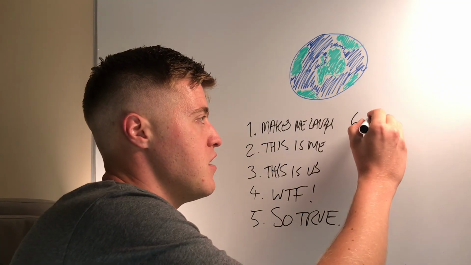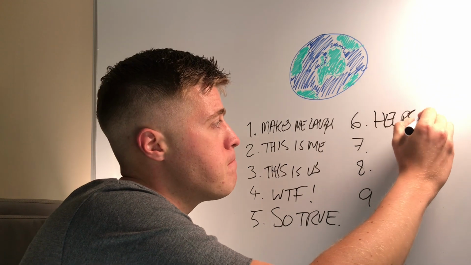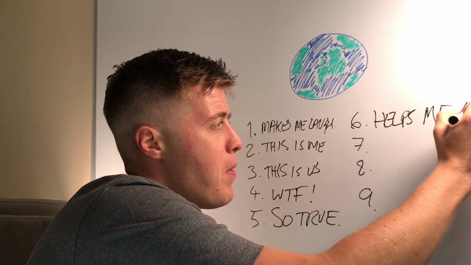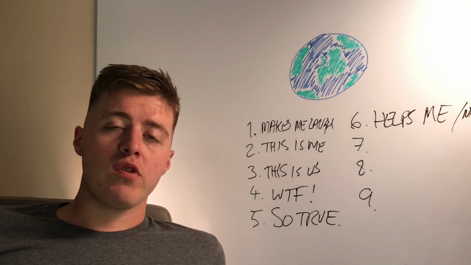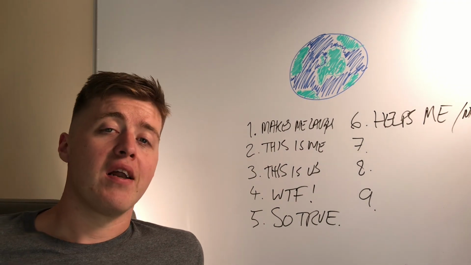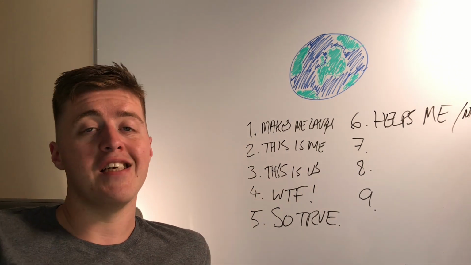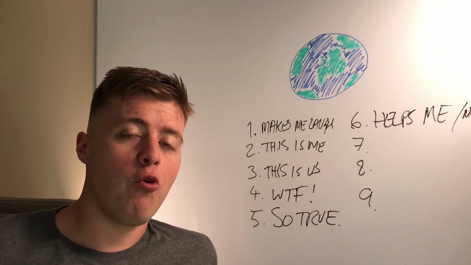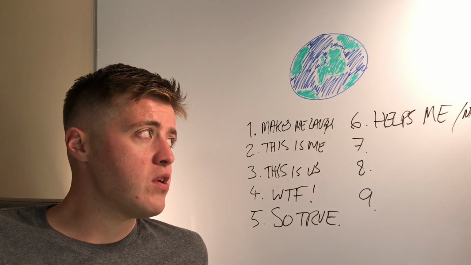So number 6 is helps me or helps mine. Again, this is what we've spoken about in previous videos, practical value. One of BuzzFeed's own channels, which we've spoken about, is BuzzFeed Nifty. How does this help me, and how does this help my friends and family?